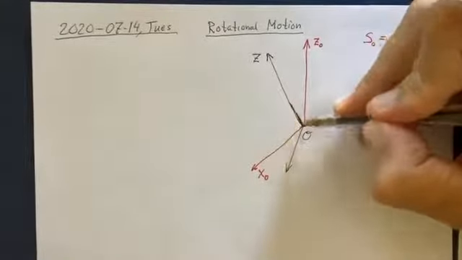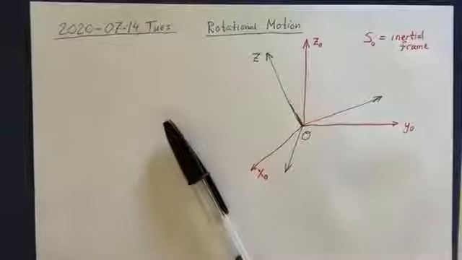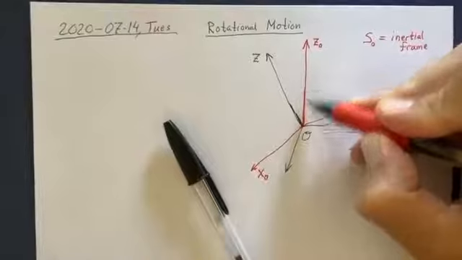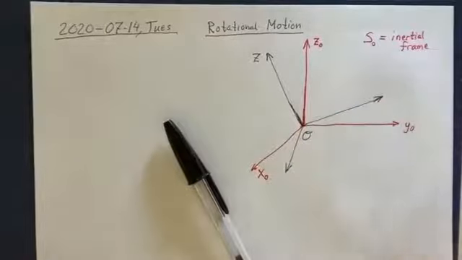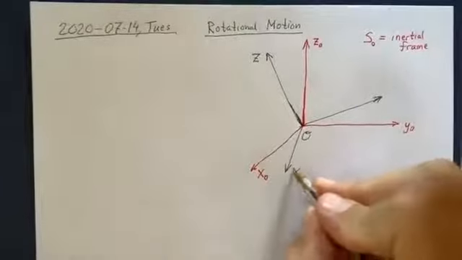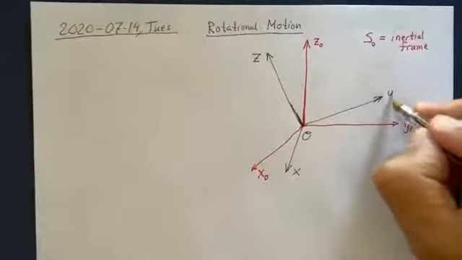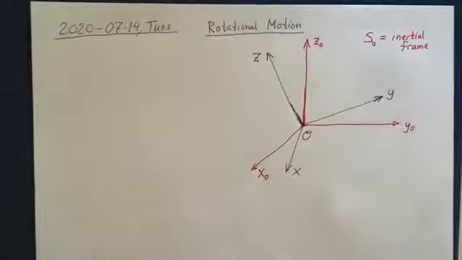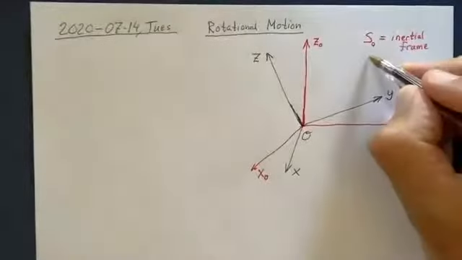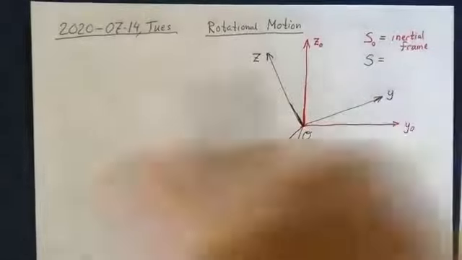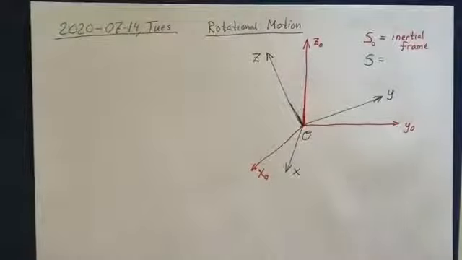Now, not only do I need to fix that, I really should fix the red one too. This is supposed to be nice and vertical. Come into the origin like that. Okay, so the two reference frames share the same origin. Yep, using the two colors is really the right way to go here. And so, of course, I should use black ink as I write S equals the non-inertial frame. So now it's a rotating frame.